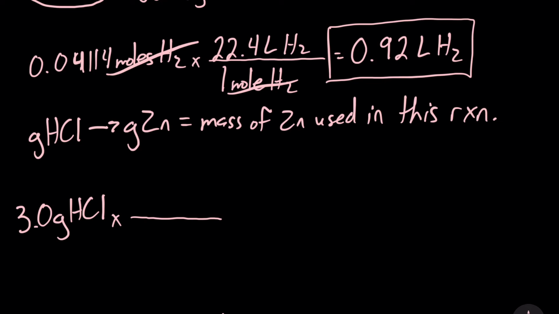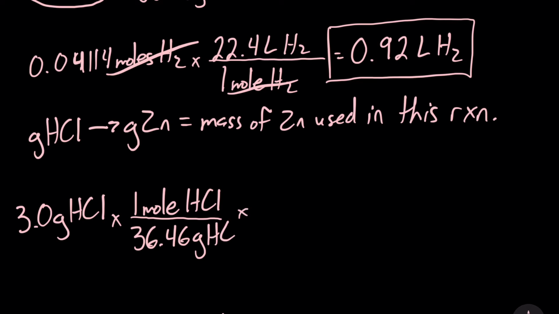So we have a few steps on the way. That is over 1 mole of HCl, and our molar mass on the bottom, so 36.46 grams of HCl.